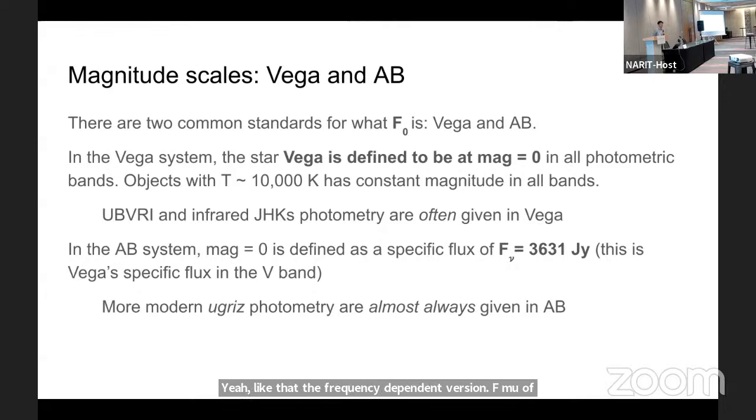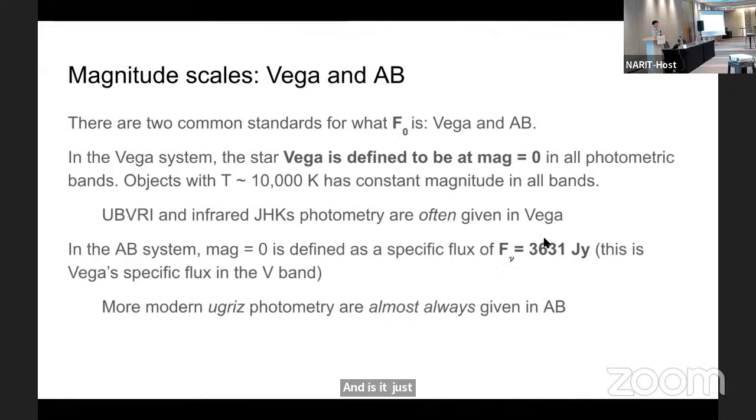Jansky has some weird definition, but it's commonly used in the radio and also in the infrared. This is again astronomers trying not to say 3.6 times 10 to the minus 20 or something. And this is just Vega's specific flux in the V band.